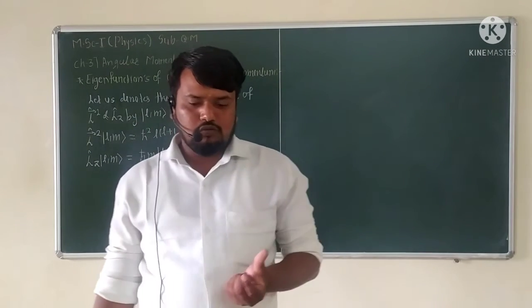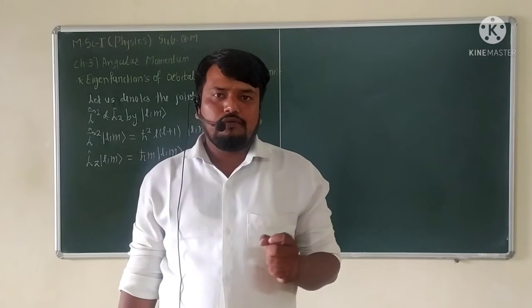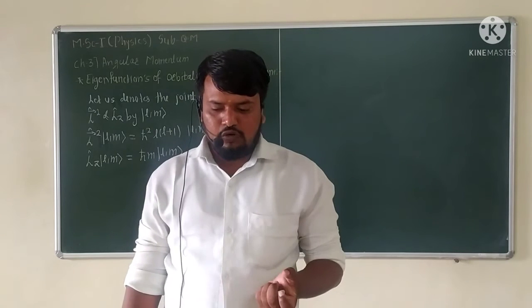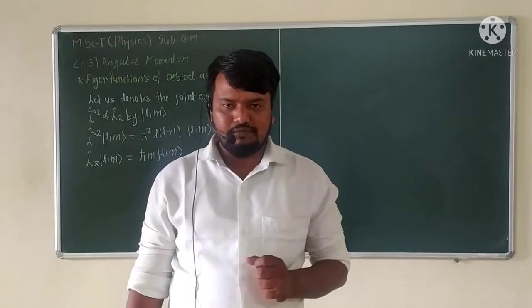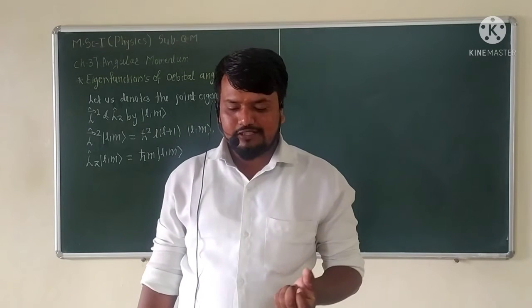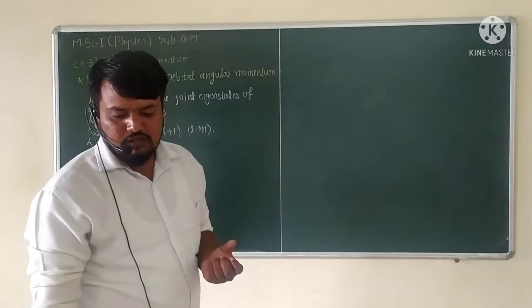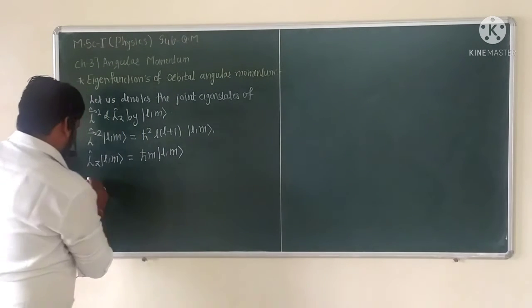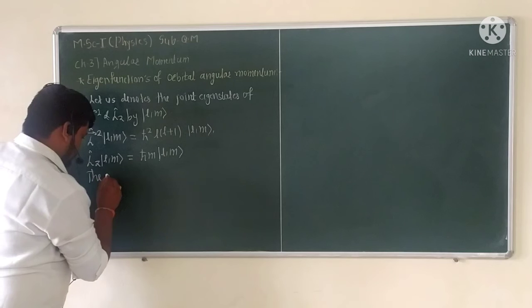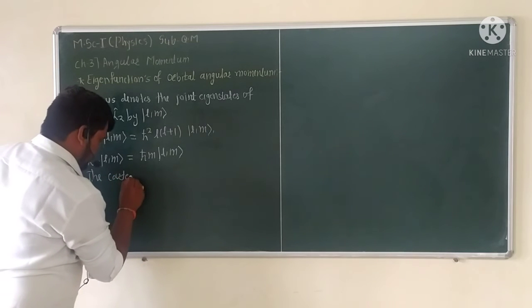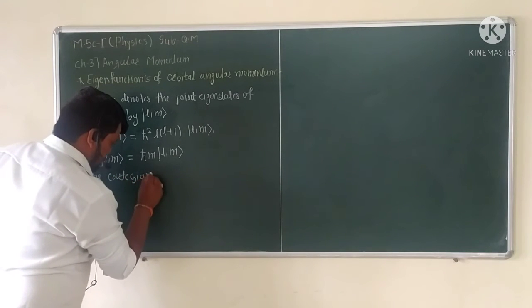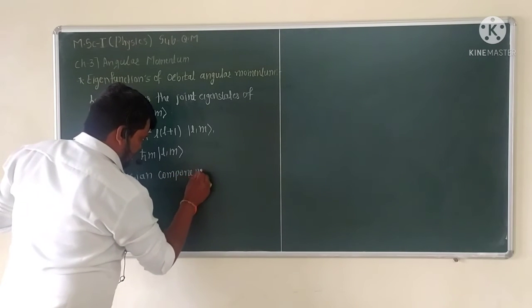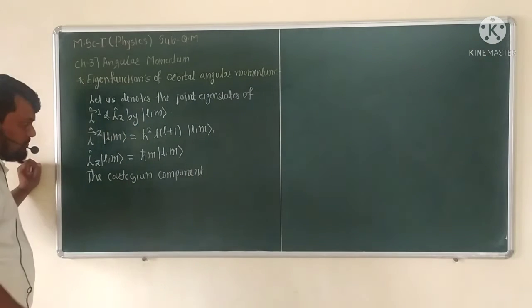Now we want to see the operators Lz cap, L square and L plus or minus, whose Cartesian components are listed below. We saw these Cartesian components in the very first lecture.